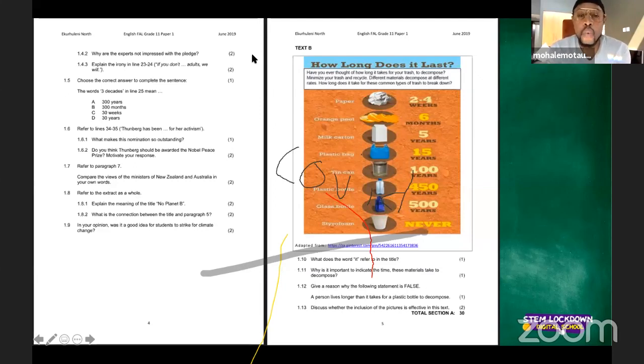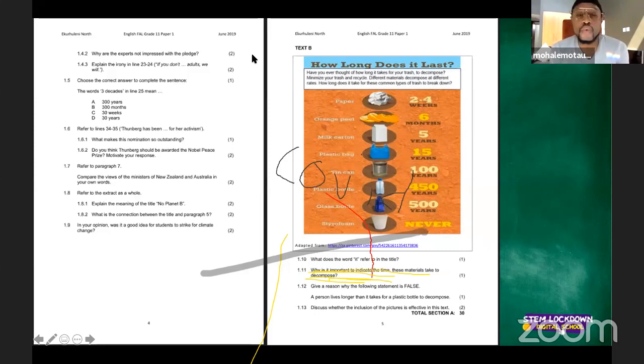You could say, so that the reader realizes that it is different for different types of trash or material to decompose, because we can't just say all of them decompose between 2.4 weeks and 500 years. We need specific timelines for each of the products to show how long it takes for them to decompose.